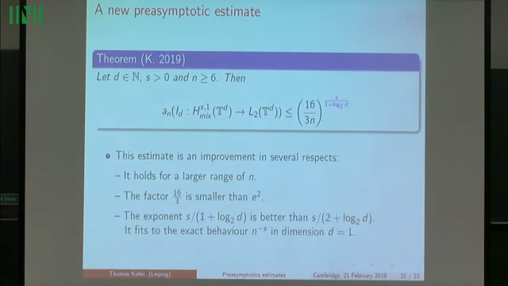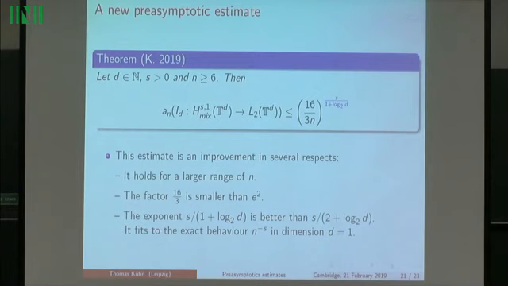And I have another small improvement of this for this same embedding. We have an estimate of a similar type as before. Now the constant is not e squared, but 16 over 3. So 16 over 3n, to the power s over 1 plus log 2d. This is better in a few respects. First of all, the range of n is larger. The factor 16 over 3 is smaller than e squared.